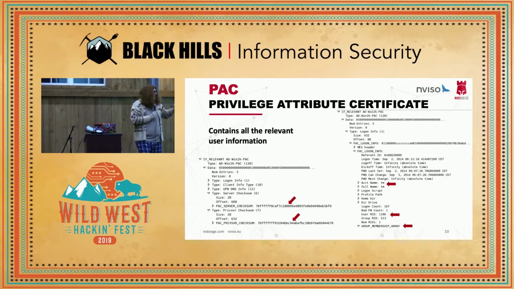The second signature is a key that is a secret value only known by the domain controller, the KDC. That's signed using what's called the KRBTGT account. Okay, that's going to be important. We're going to come back to that in a little bit.